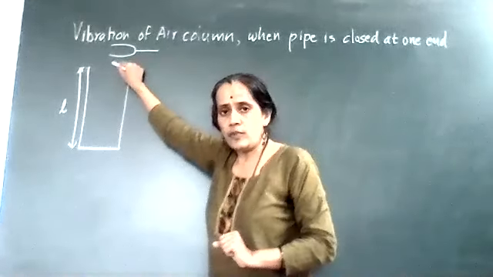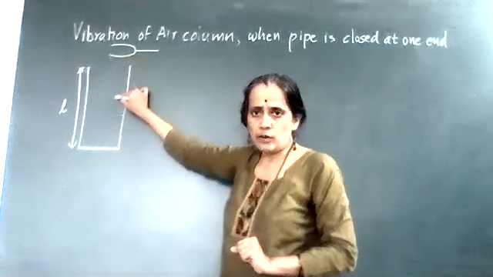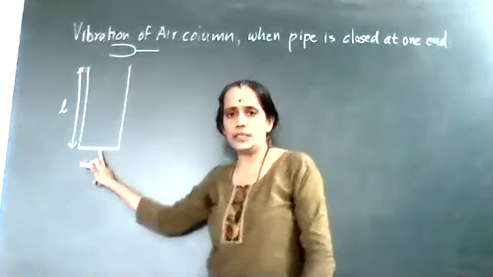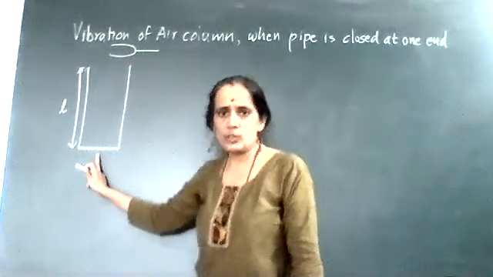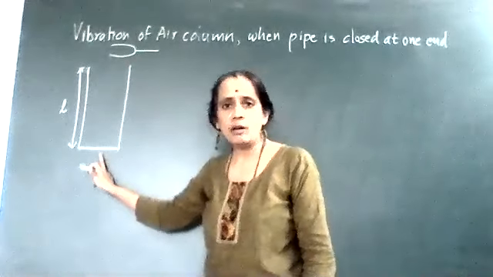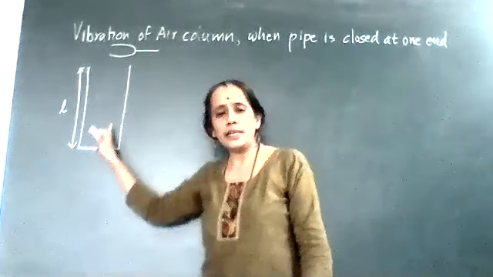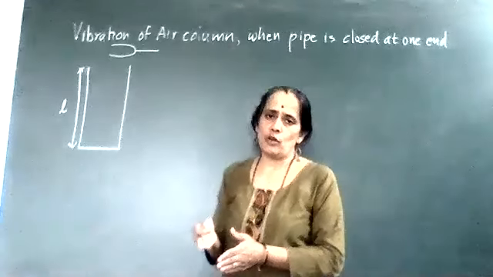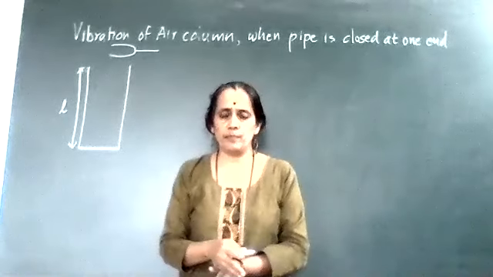The sound wave starting from the vibrating tuning fork, traveling through the air column, will act as an incident wave, which will be incident at the closed end of the pipe. And from this closed end of the pipe, the sound wave will get reflected. So inside the air column, there will be the superimposition of the incident wave and the reflected sound wave.